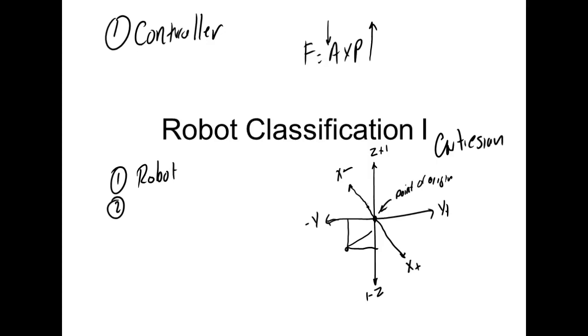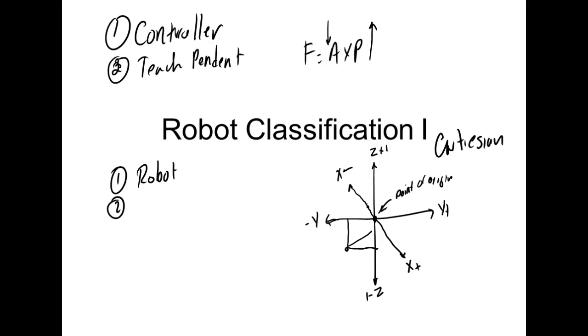So the controller, and then somebody said it the other day, we have what we call the teach pendant. And what do we do with the teach pendant? We program. This is where we do our programming.